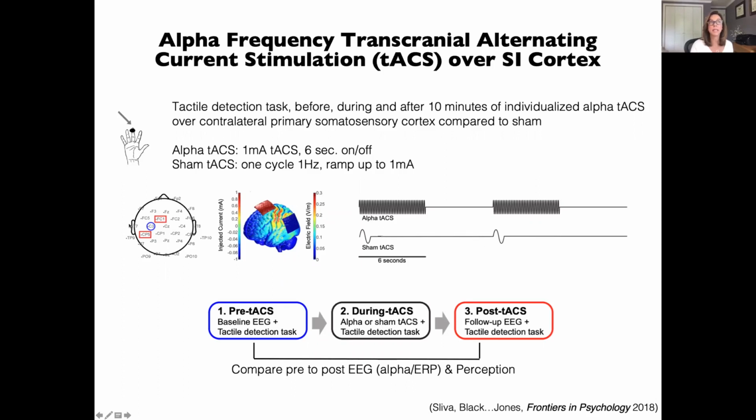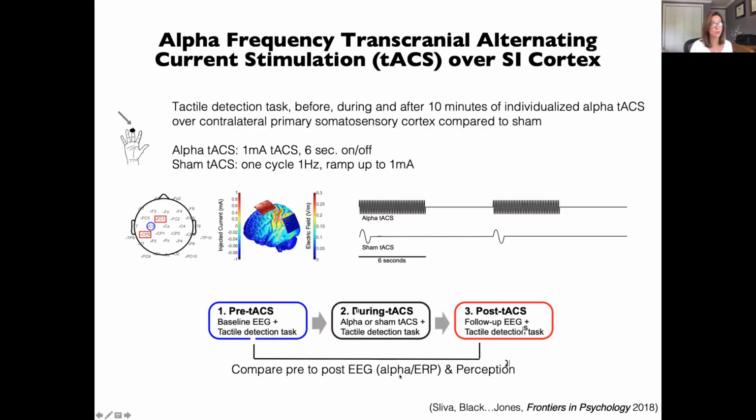And we looked at the EEG signal above somatosensory cortex before, during, and after this tACS stimulation. It turned out that for various technical reasons, we couldn't look at the EEG during the tACS stimulation. And so what I'm going to show you next is a comparison of this pre-alpha stimulation compared to post-alpha stimulation, where we looked at the question, can we enhance alpha activity in our EEG signal?